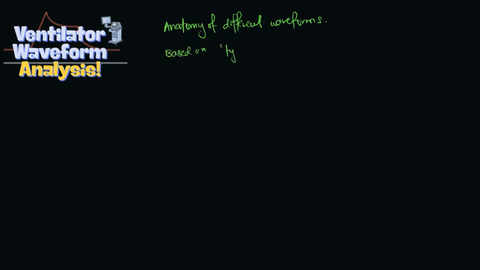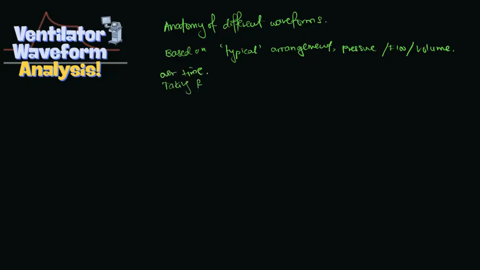So our discussion is based on a typical or default arrangement of pressure followed by flow and followed by volume analysis over time. And for our discussion, we'll take an example from a circuit with a constant flow, such as volume control ventilation.